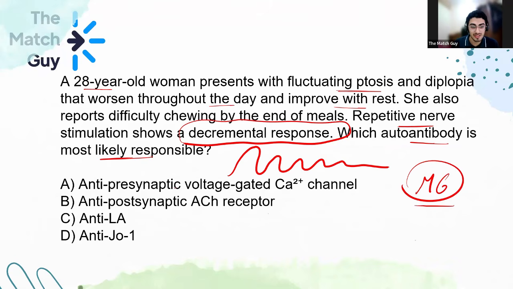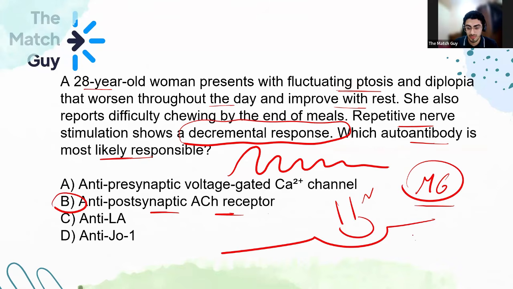So myasthenia gravis is basically a disease in which we will have autoantibodies against postsynaptic acetylcholine receptors. We call this part between the nerves and the muscle the synapse.